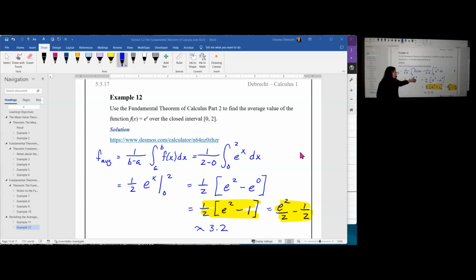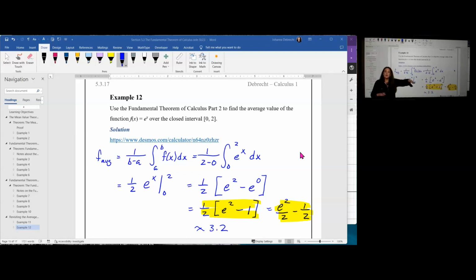Then we're going to evaluate between the limits of integration. We substitute these in. I keep fractional coefficients outside to make my work easier. There are multiple ways of writing this. You could also write it as e squared minus 1, all divided by 2. It comes out to be about 3.2, which is the average y value.